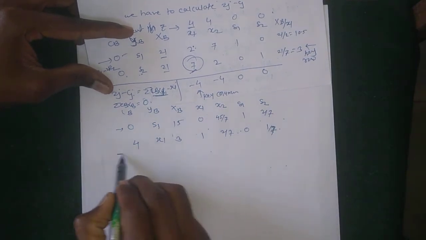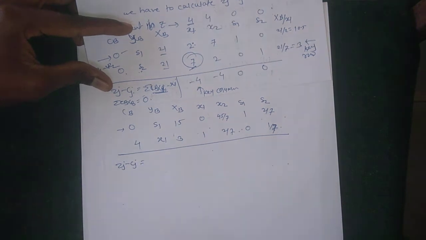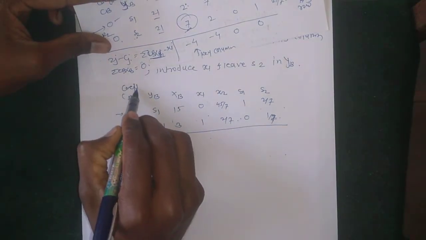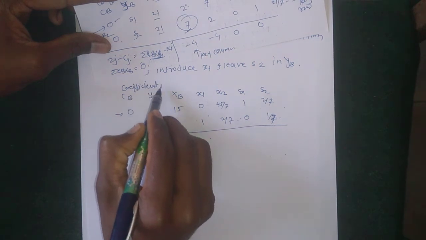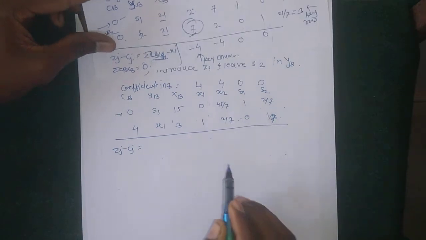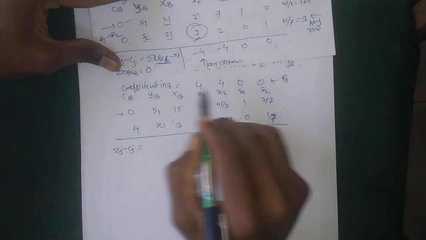Now we have to calculate Zj minus Cj again. Here the coefficients in Z are 4, 4, 0 and 0 in the objective function. This is also called Zj or Cj.